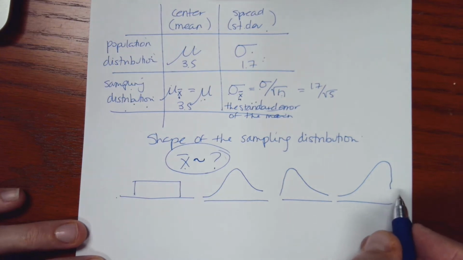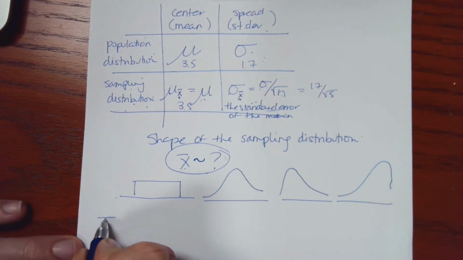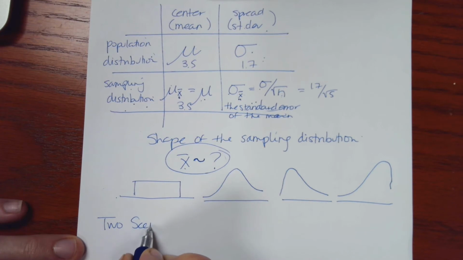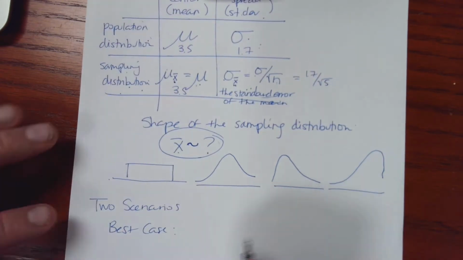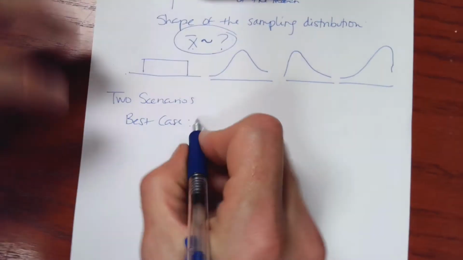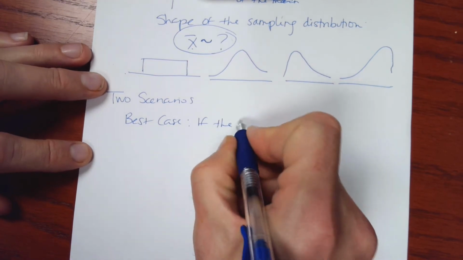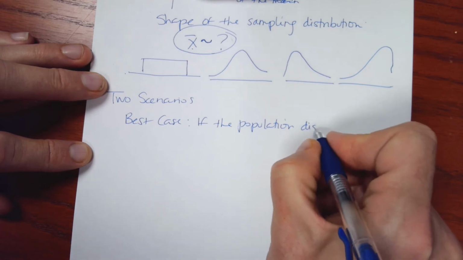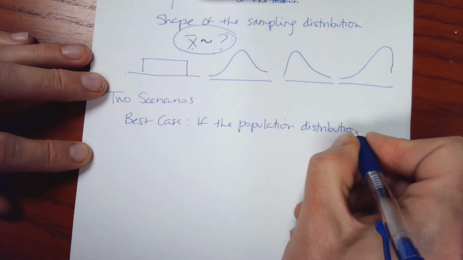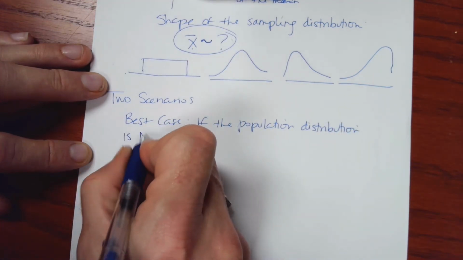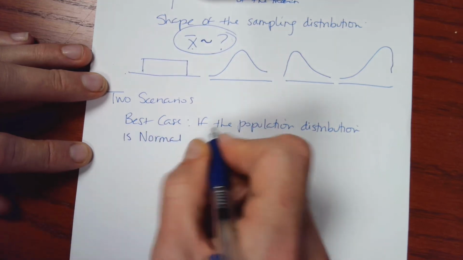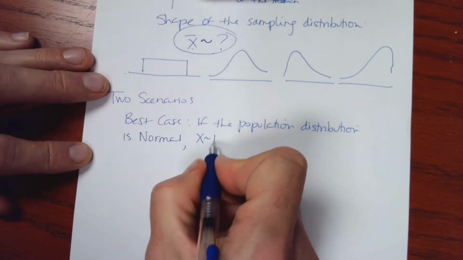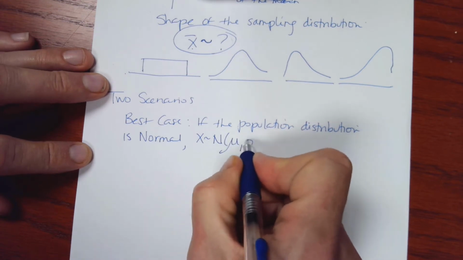let's see. There are two scenarios to consider here, and we'll call one of them our best case and the other one a next best case. So in the best case scenario, if the population distribution is normal, in other words, you have some random variable x, it's normally distributed, and you know its mean and standard deviation.